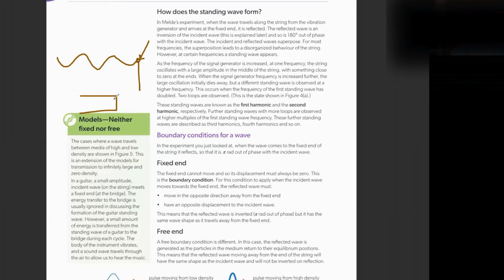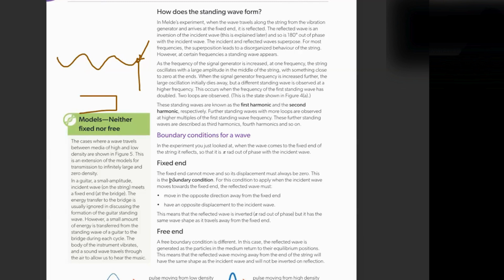That means it changes the phase by pi. So when you start a wave here, the wave will eventually get reflected and will come like this.